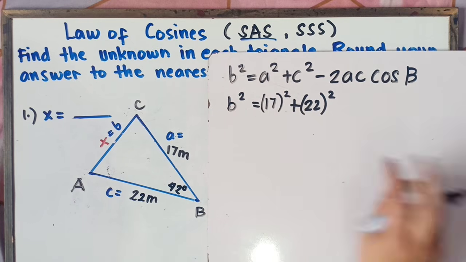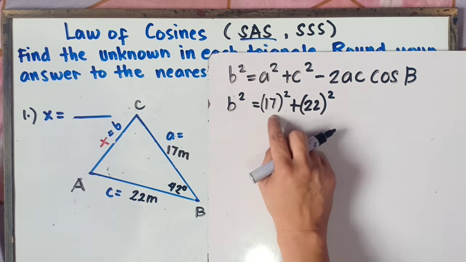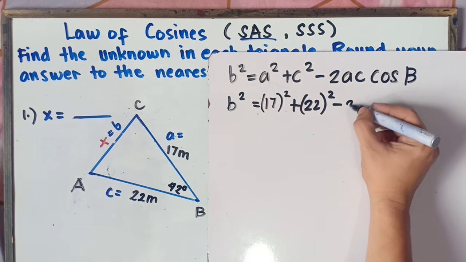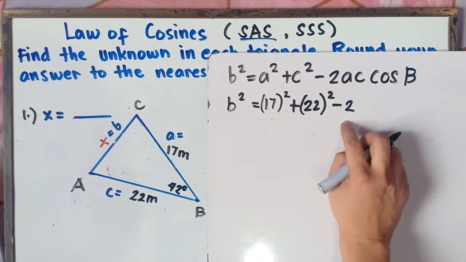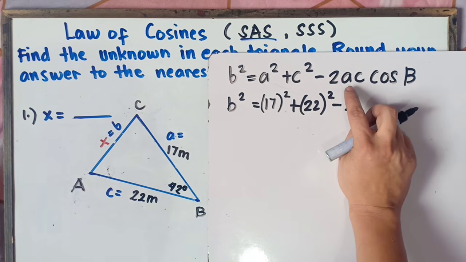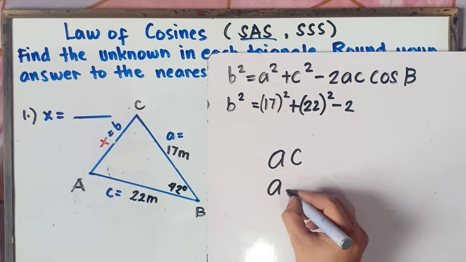Once again, ignore first the unit, meters, so 17 squared plus 22 squared minus 2 times the value of a, that would be 17. Once again class, if you have variables close to each other, it means multiplication. So ac is the same as a times c.